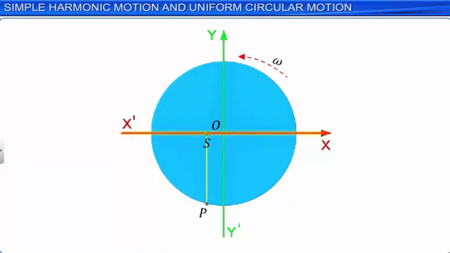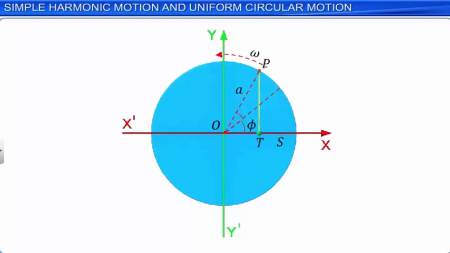At time t is equal to 0, the revolving particle makes an angle phi with the x-axis. From this position, when it moves through an angle omega t in a time interval t, its projection moves from s to t along the x-axis.